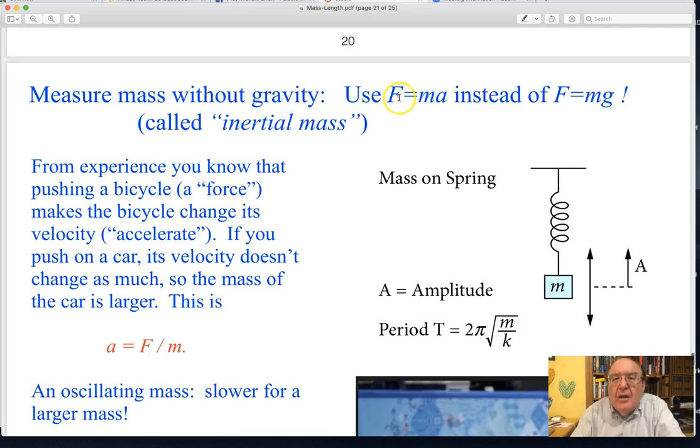Basically, you use F equals ma instead of F equals mg. In other words, with F equals mg, we measure the force, and we know g, so we get the mass. But without gravity, if you measure the acceleration and the force, then you get the mass. This is called the inertial mass. It has nothing to do with gravity.